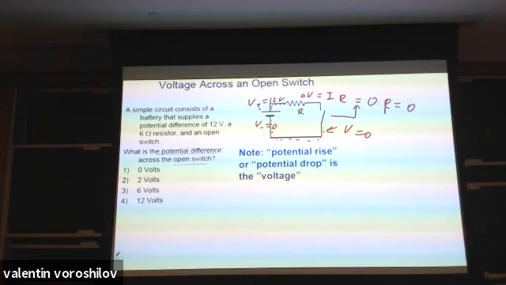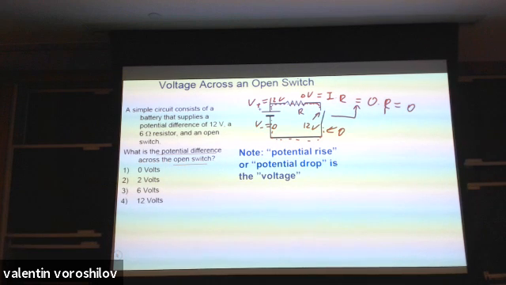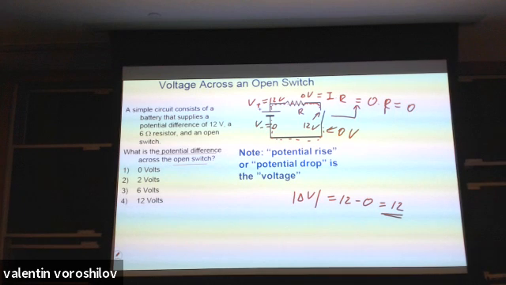That means potential does not change. So 12, 12, 12. So this potential is 12 volts, 0 volts. And the potential difference across the switch, 12 minus 0, 12. That's in my example, the answer is 12.